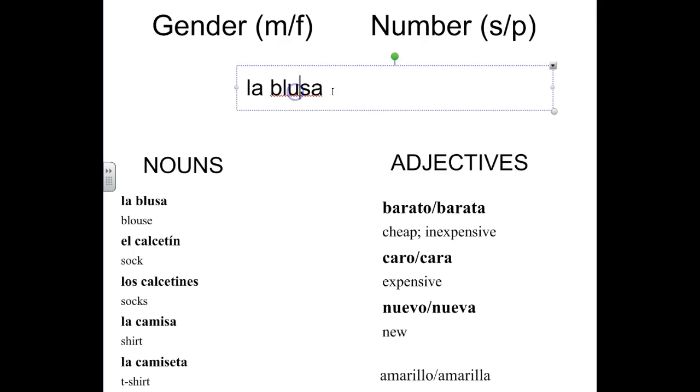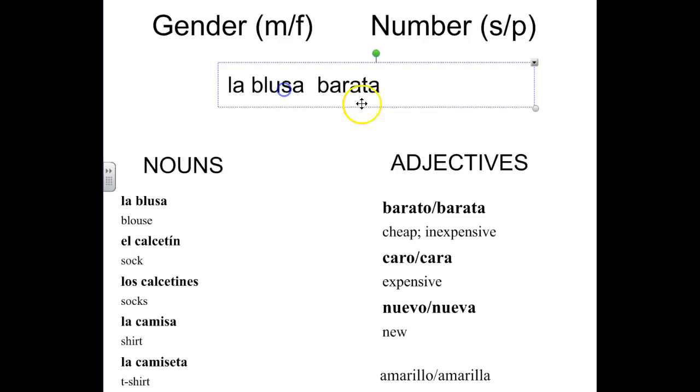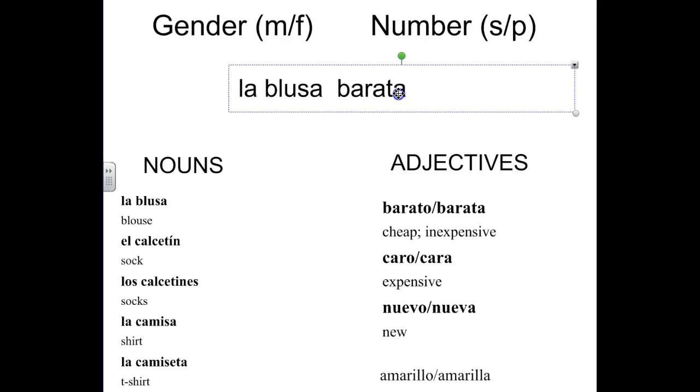Okay, so let's try that again. So we have la blusa, and let's put the word barato in there, but we need to make sure that it matches both in gender and in number. So what we have to do with the word barato, as in my vocab list here, it says, oh, this has to be barata. Now, this is perfect. This says the cheap blouse. La blusa barata.